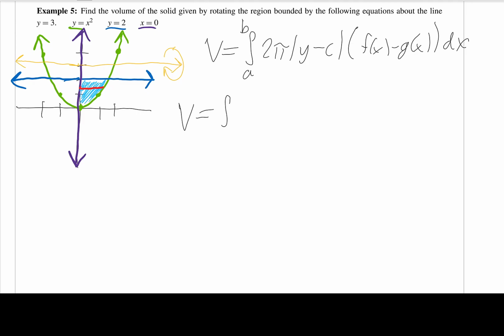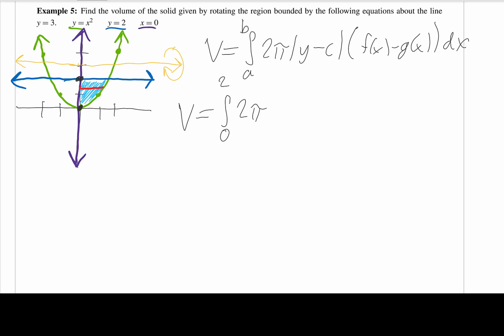Well, this means that we have our lower y value, which is seen here at y equals 0, to our upper y value, which is going to be bounded by this y equals 2 line, of 2 pi times absolute value y minus c.